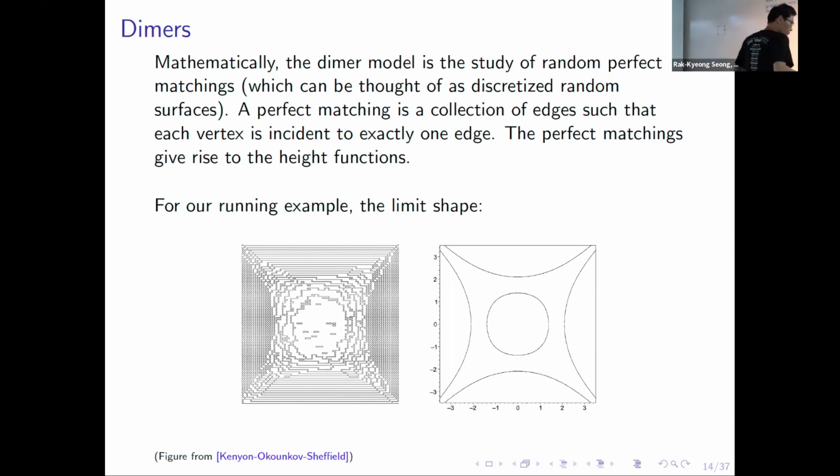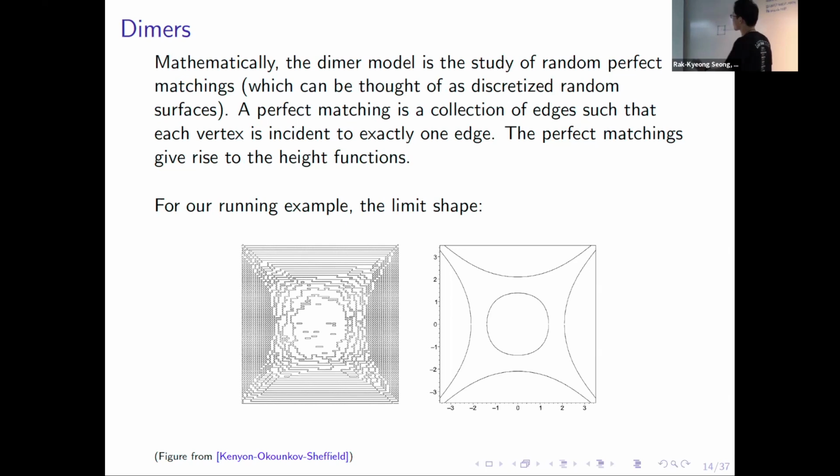So if I have an infinitely large graph, then I can define this height function, and here this is an illustration of the example we've just been talking about, and this is like in the limit shape.